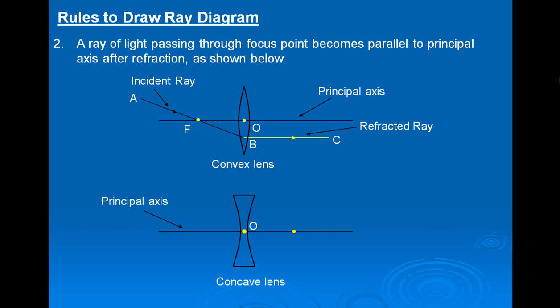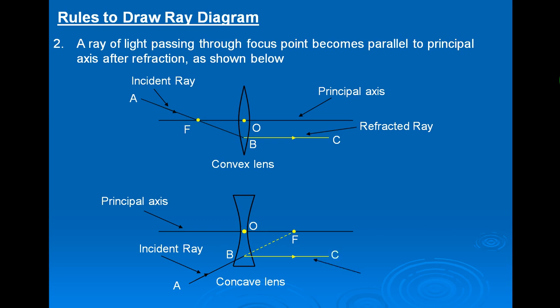Point F on the principal axis is a focus point, and an incident ray of light passing through the focus point is incident on the lens at point B. So AB is the incident ray of light which appears to be passing through focus point F, and according to the second rule, it must become parallel to the principal axis and moves along BC.